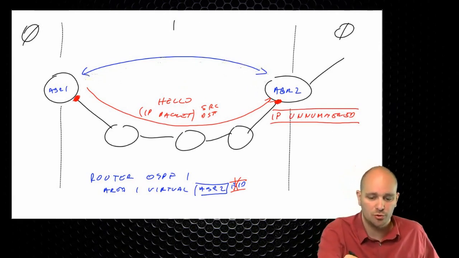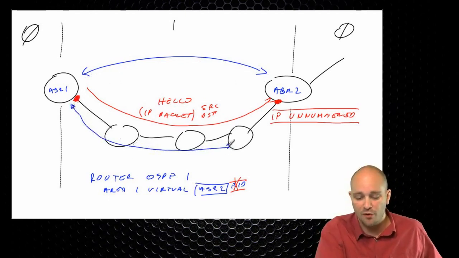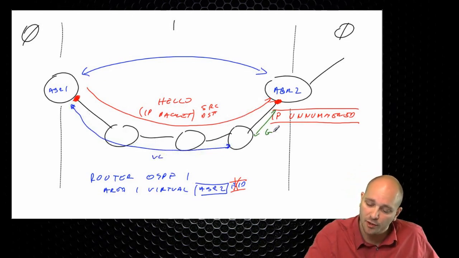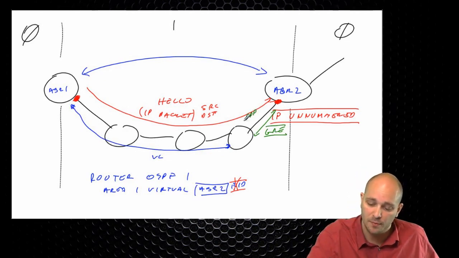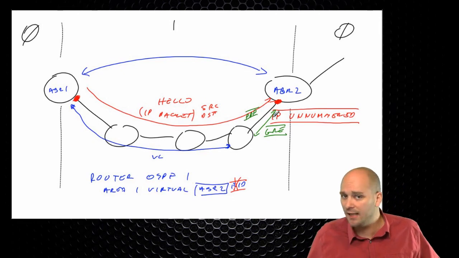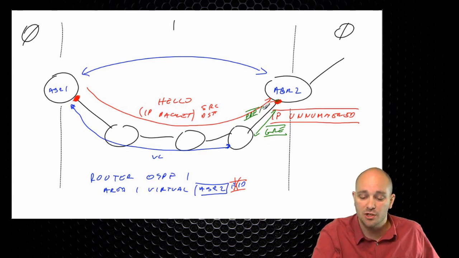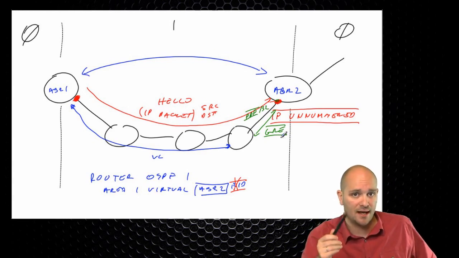In that case, you will probably need to build a GRE tunnel up to here, or maybe a virtual link up to here, and then you would probably need to build a GRE tunnel here. And hoping that this here was a PPP link, because if it was HDLC, it wouldn't work. But if it was PPP, you could build a GRE tunnel, because in IPCP you will have that weird /32 for your neighbor.